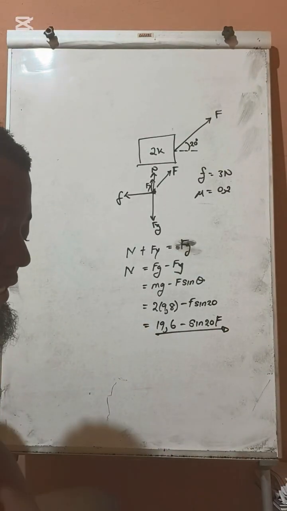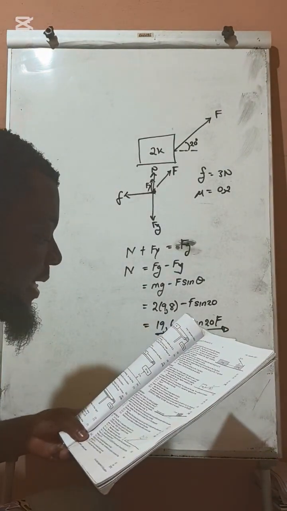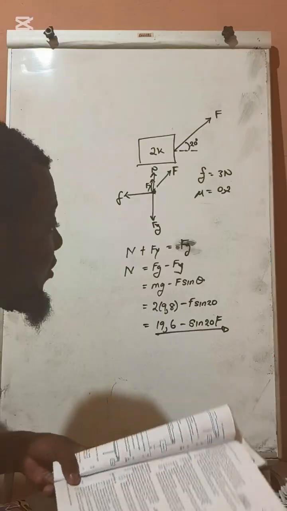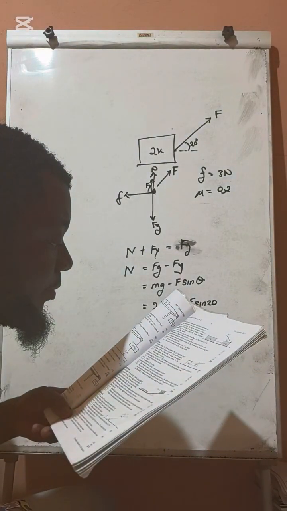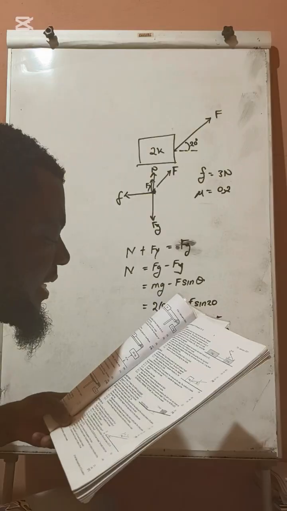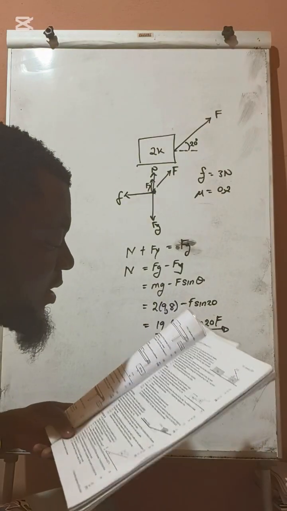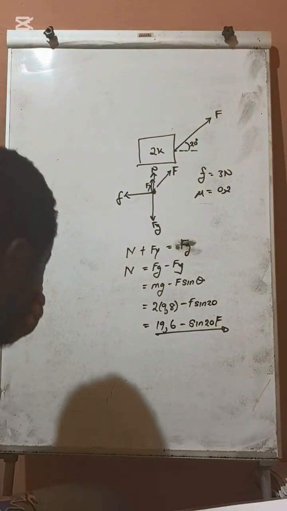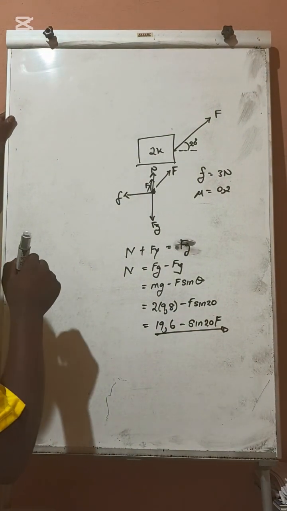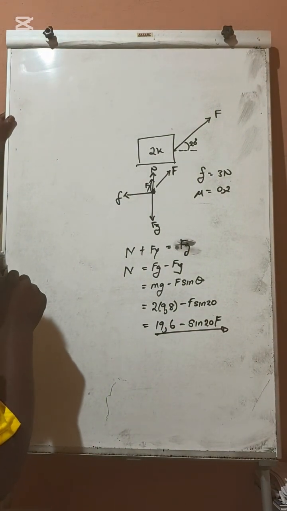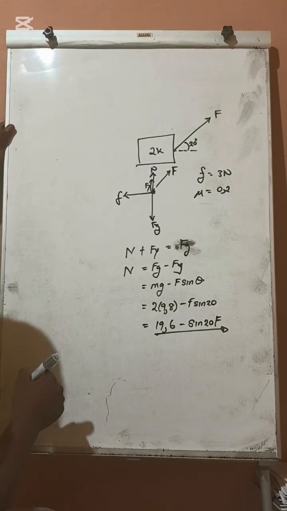But we don't have the force applied. Now the second question was asking us to calculate F, the force. The object was moving with a constant force. To calculate F, they gave us the frictional force and the coefficient of friction, so it's easy.